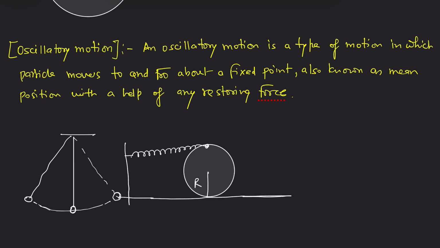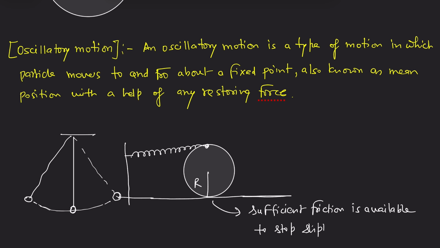And here sufficient friction is available to stop slipping. In that case, suppose we pull this body a little bit to this side, okay. A little bit of extension will happen here, and this will become like this.